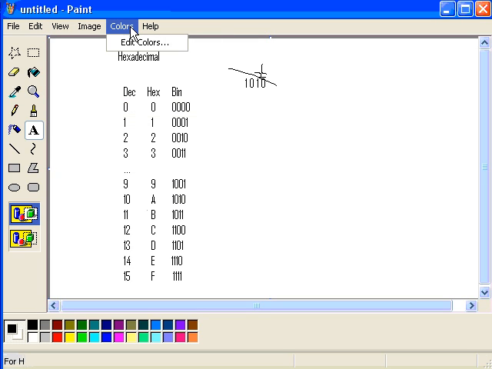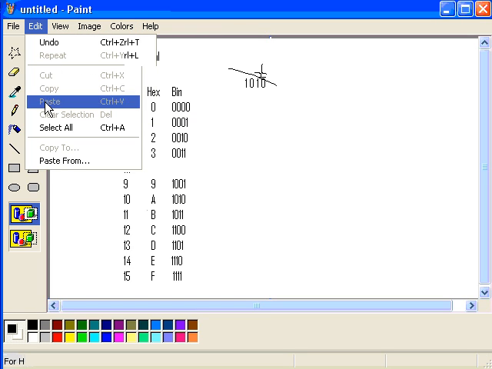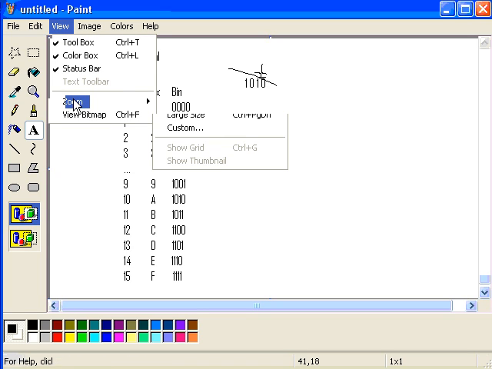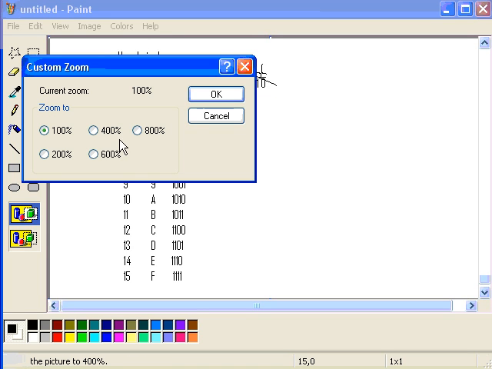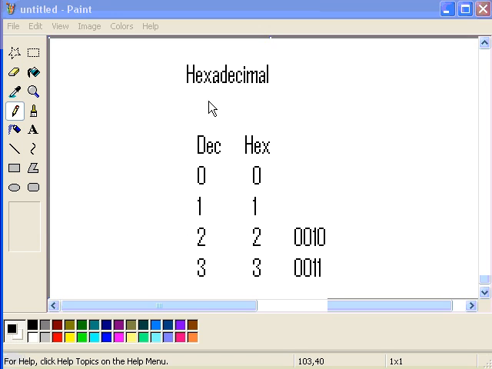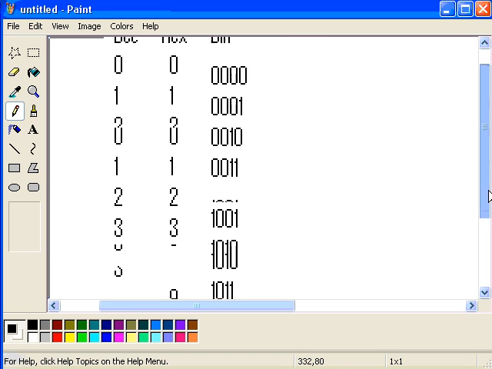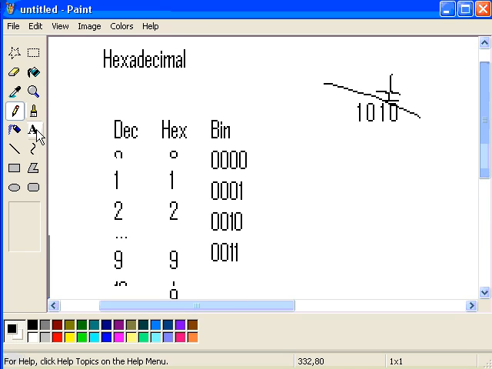Hang on 1 second. That might be a little better. See the values a little bit? Let's play with this here for a minute.